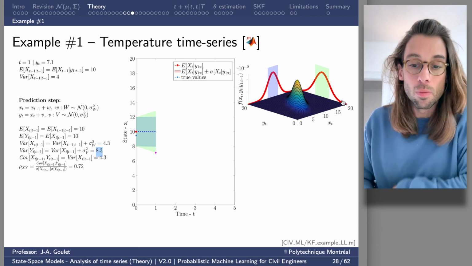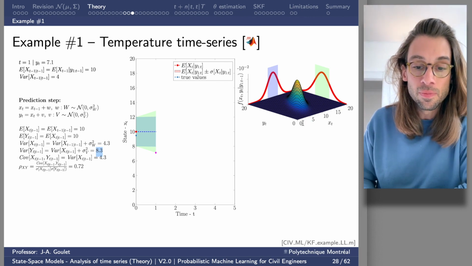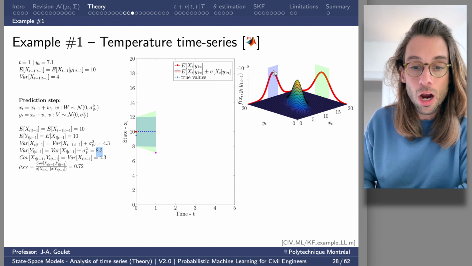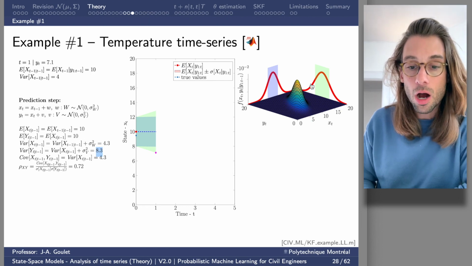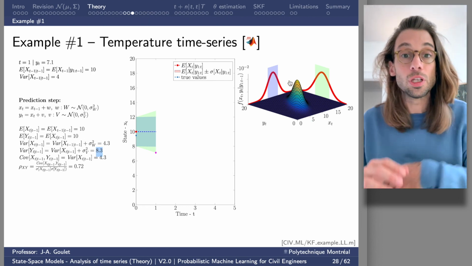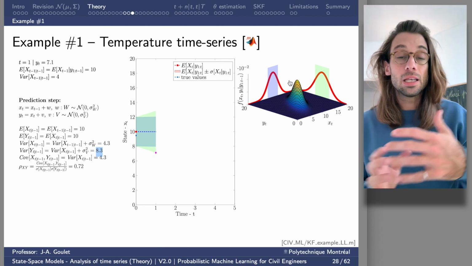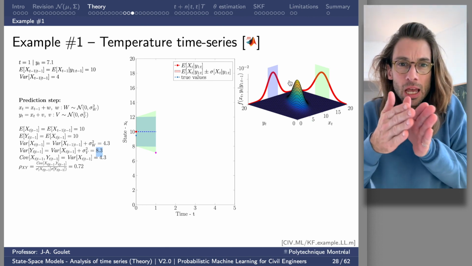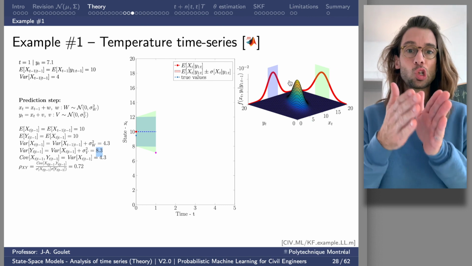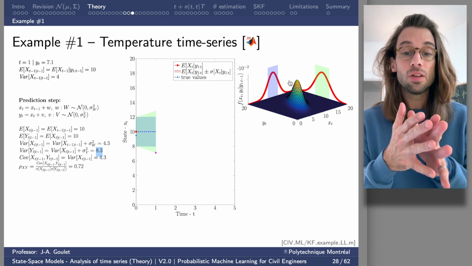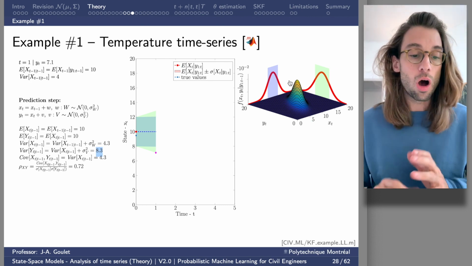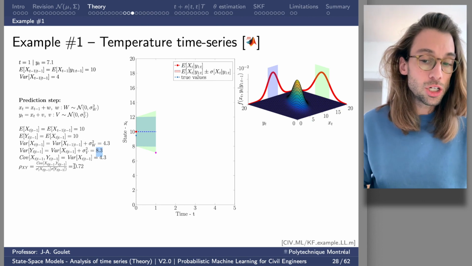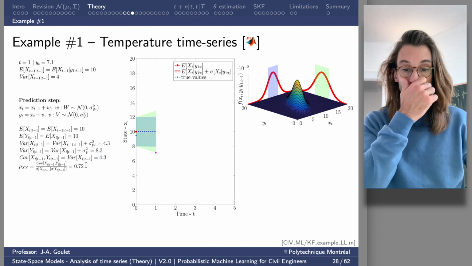This axis is the marginal x, that axis is y. You see the marginal PDF for x, the marginal PDF for y, and the surface represents the joint PDF for x and y. The PDF is squashed because of the positive correlation between x and y, and if we calculate that correlation, it's 0.72.